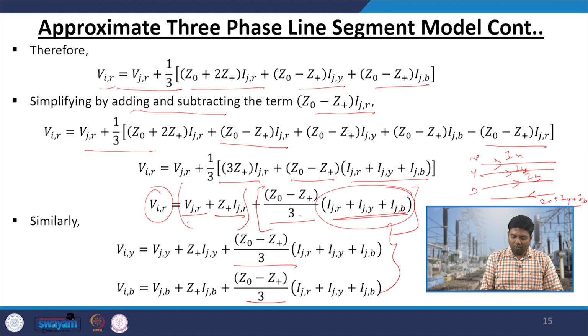So, you have got your voltage expression in terms of that phase voltage at the receiving end, that phase current only, plus a certain coefficient with your neutral current for each and every phase.